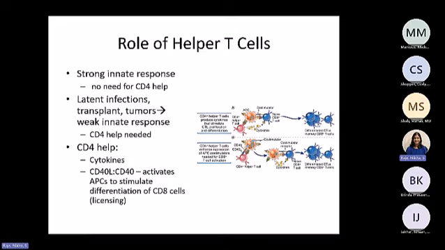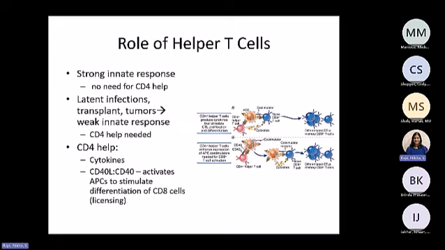That's your severe infection. But then there are some latent infections, or maybe a transplant or tumors, where the innate immune response is not as strong. In those cases, CD4 cells can help in boosting that activation.